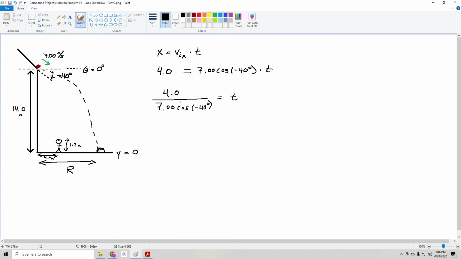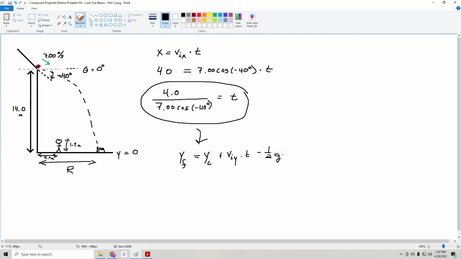But my plan is to take this t value and plug it into the following equation. Y final equals y initial plus v initial y component times time minus 1/2 g t squared. The time is going to be this number, and we are going to calculate what the final y position is to see if it's 1.9 meters or something like that, just to see if it hits this guy's head.